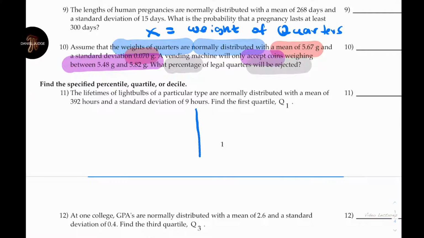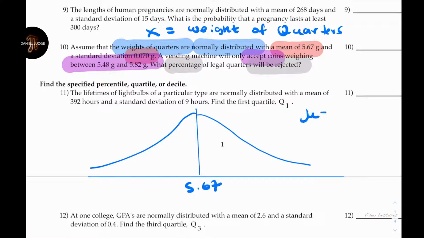So I'm going to do this. Draw your bow. The mean is 5.67. So we're going to write that down here. The mean will be 5.67. Standard deviation will be 0.07. Okay?